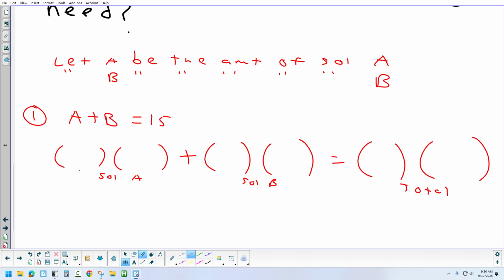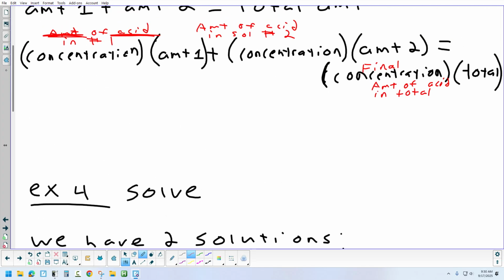What's the concentration of solution A? As we're going to fill it in right in the first parenthesis. 0.1. And what's the amount of solution A?